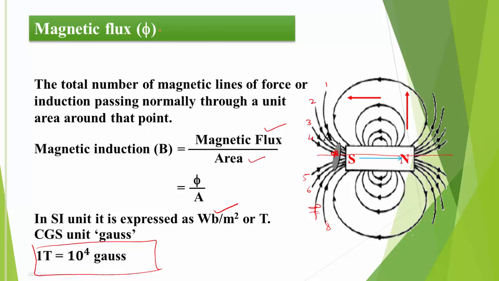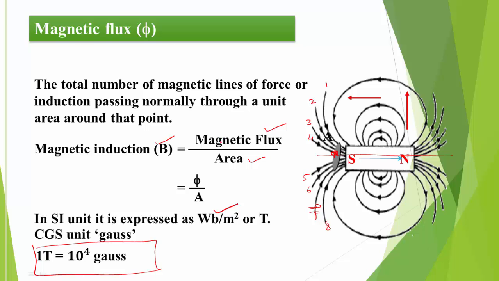Magnetic flux is mathematically denoted by the symbol phi. The number of magnetic lines of force passing normally through a unit area around that point is called magnetic induction.